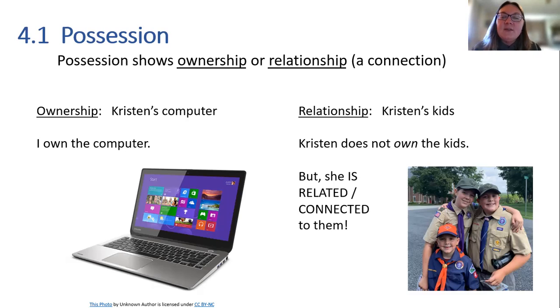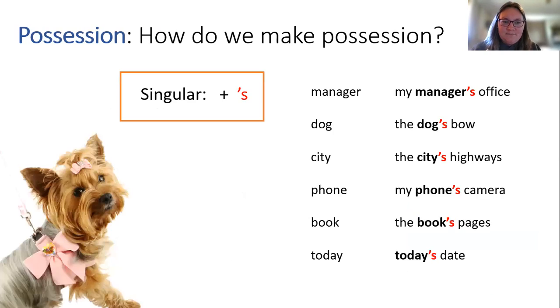Okay, let's take a look at how to do this. So how do we make a possession? Well, the first thing to learn is how to make a possession when we start with the singular. So we have one person or one object that owns or possesses or is connected to something else, right? So first, let's take your manager at work, right?